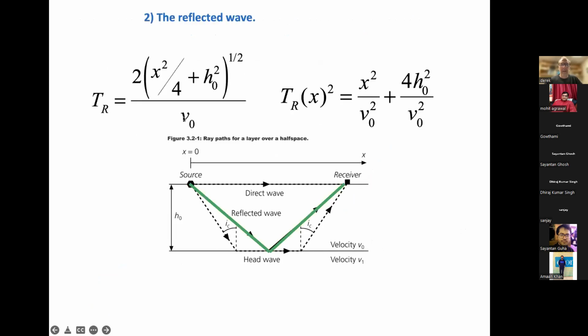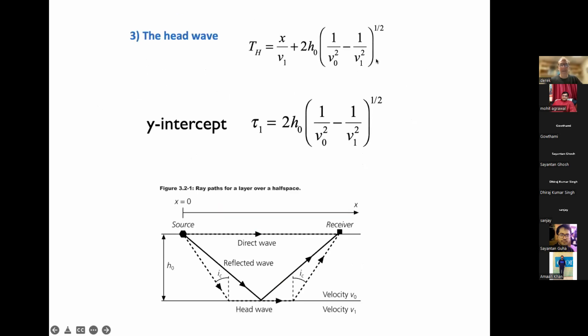The reflected wave, just using the Pythagorean theorem, is going to have a travel time of 2 times the square root of x squared over 4 plus h naught squared, over v naught. I can simplify that in terms of this here. This will form a hyperbola on a travel time distance plot.